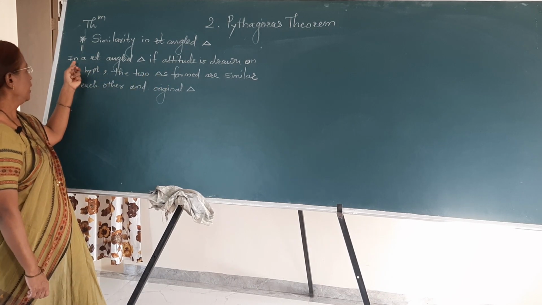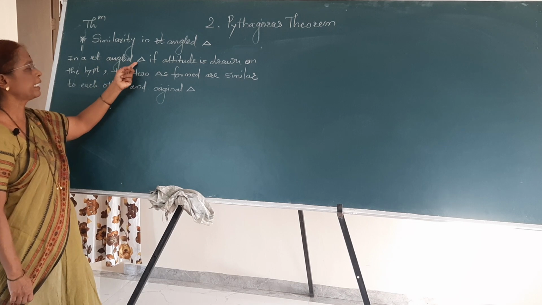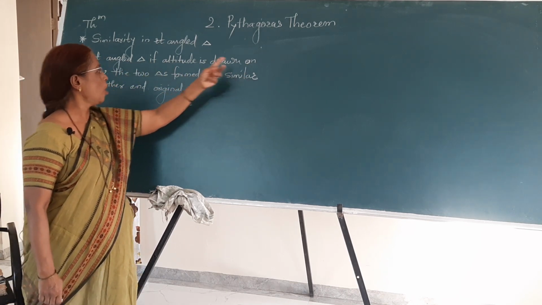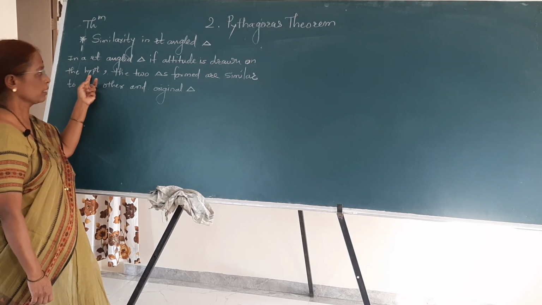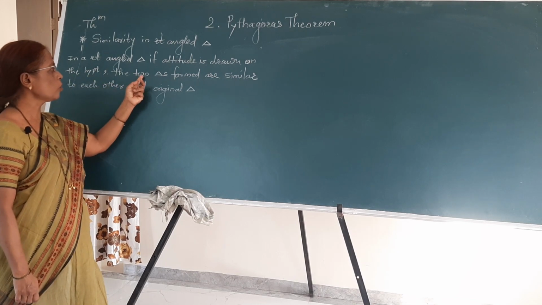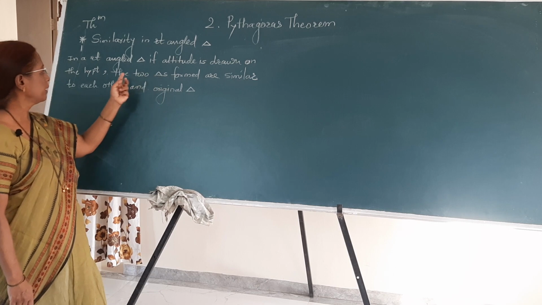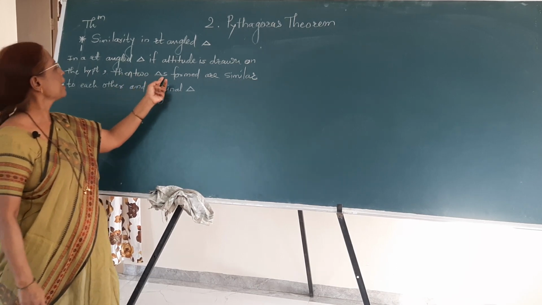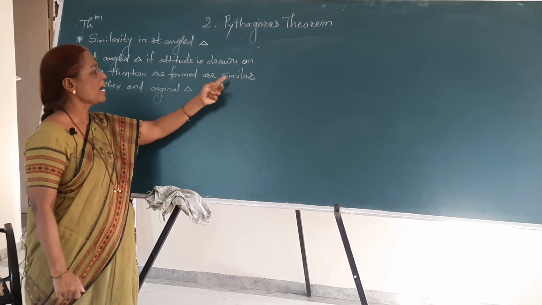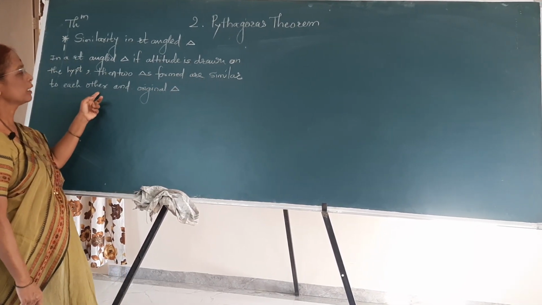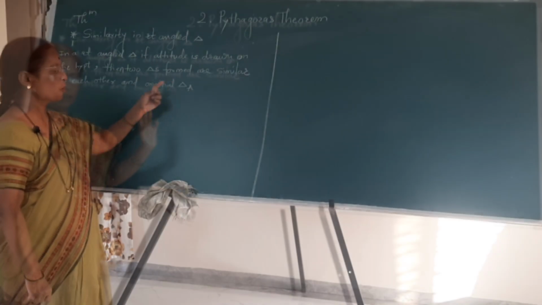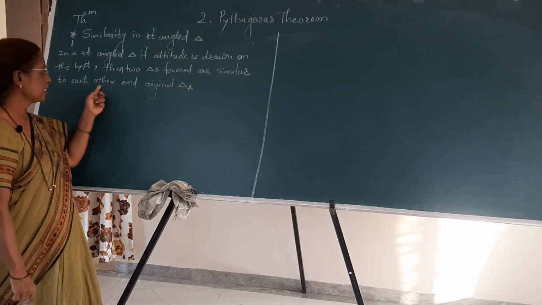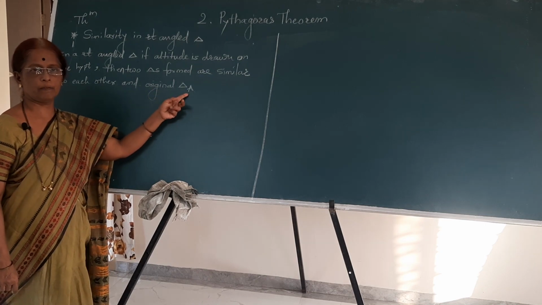In a right angled triangle, if the altitude is drawn on the hypotenuse, then the two triangles are similar to each other as well as they are similar to the original one.